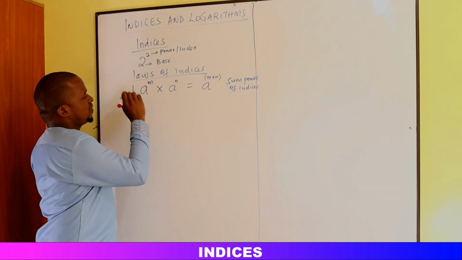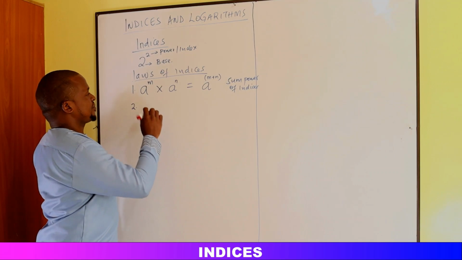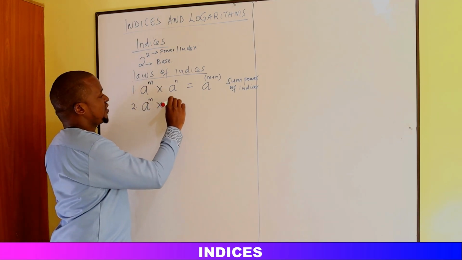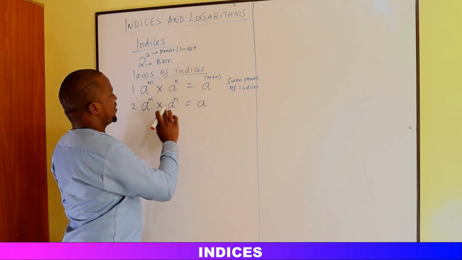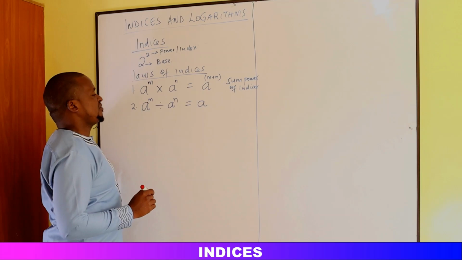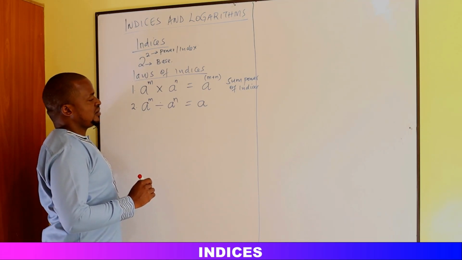Number 2, we have the difference of power. So you have a raised to power m divided by a raised to power n.